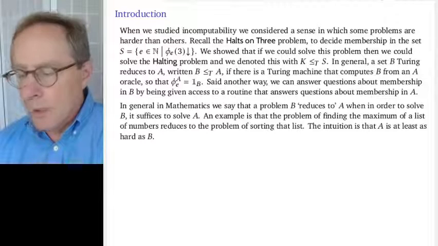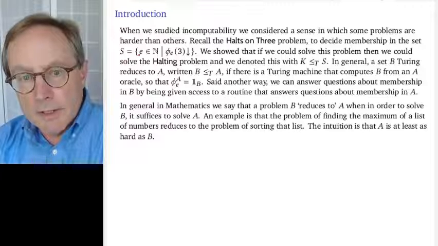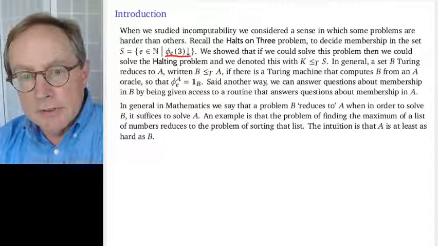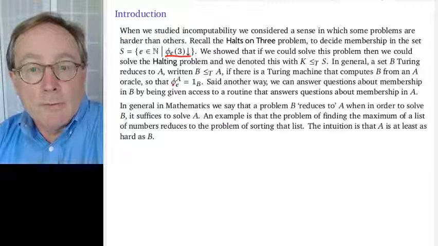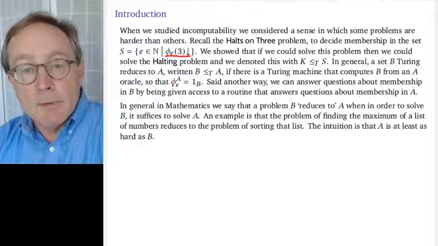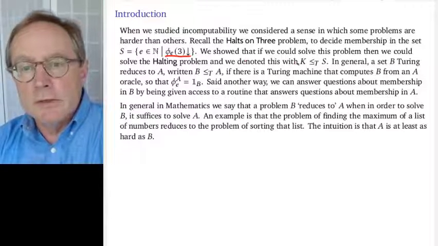You might remember, for example, the halts on three problem. It asks, if I give you the index of a Turing machine, can you tell if it halts on input three? We looked at that problem among many other similar ones, and we showed that if you could solve it, then you could solve the halting problem.